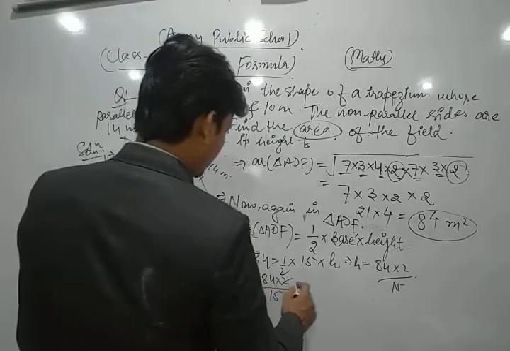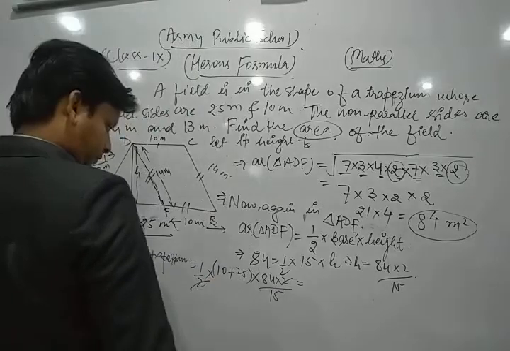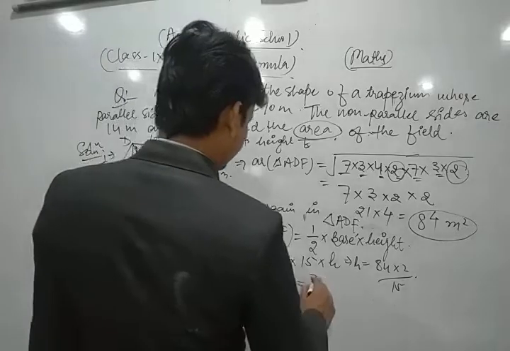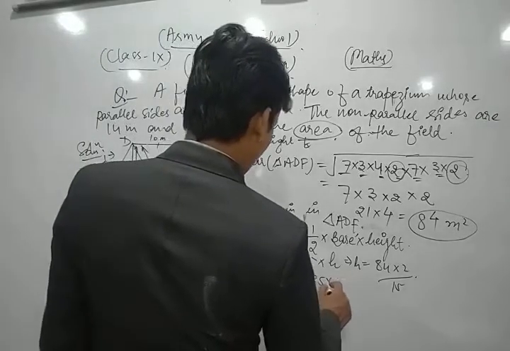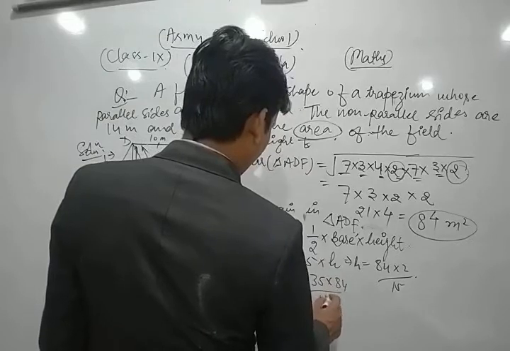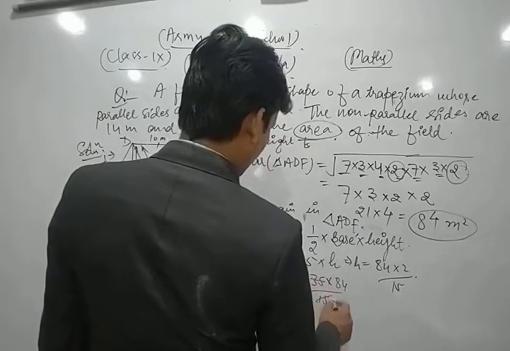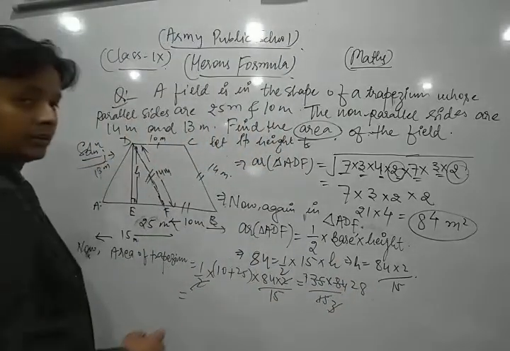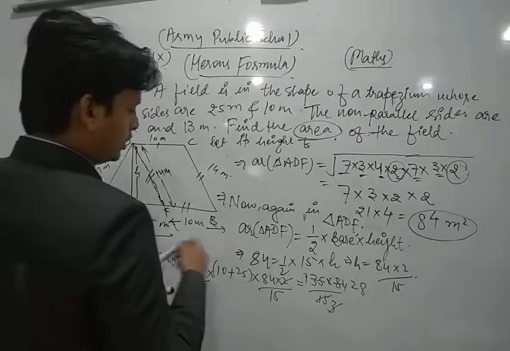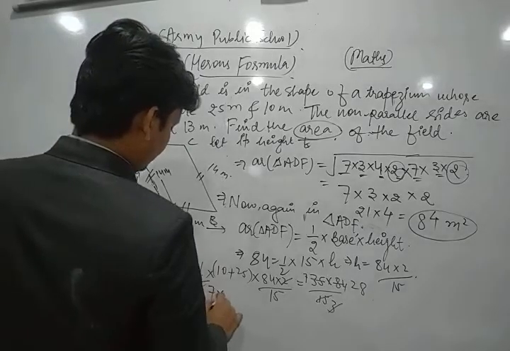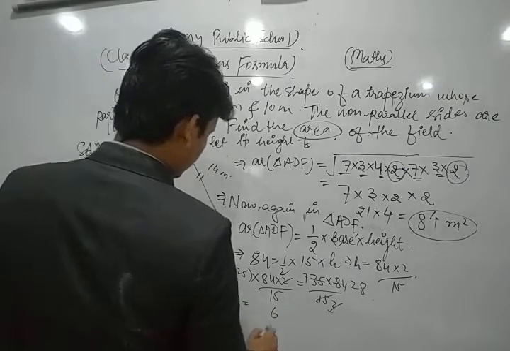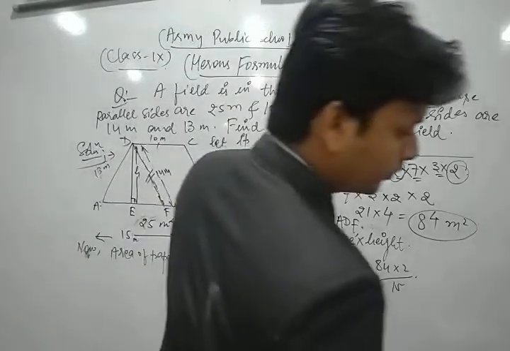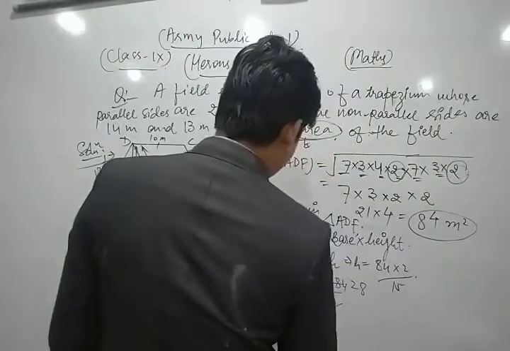Now this 2 cancels. 25 plus 10 is 35, into 84/15. 5 threes are 15, 5 sevens are 35, 3 twos are 6, 8. Means, dear students, 7 into 28, 7 into 28 means 196. Yes, so 196 meter square.